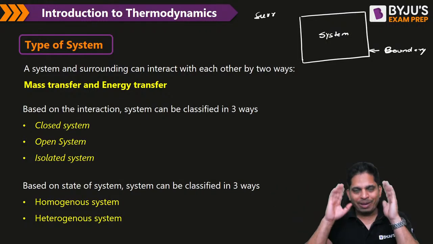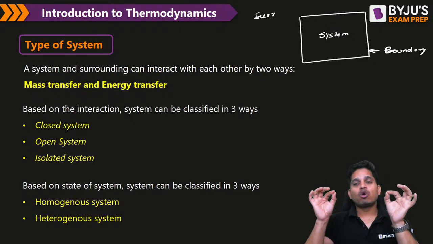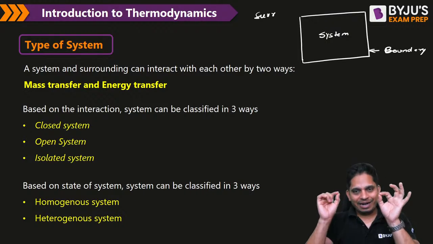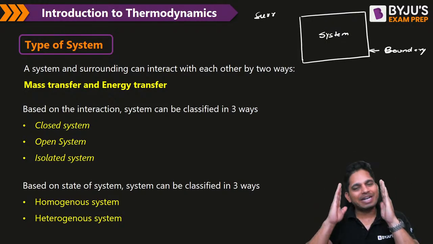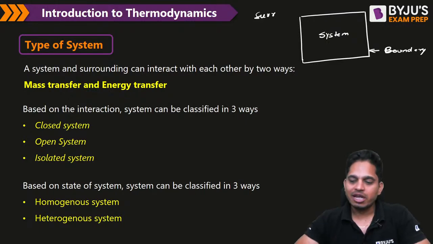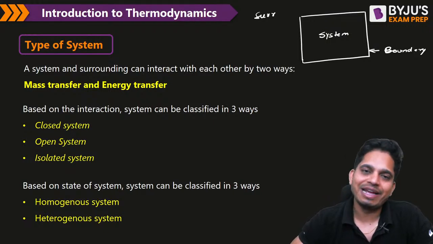In simple language, whenever system and surrounding interact, that interaction must lead to crossing the boundary. Whatever interaction is happening, the boundary must be crossed. If the boundary is not crossed, you will not say that the interaction has happened.